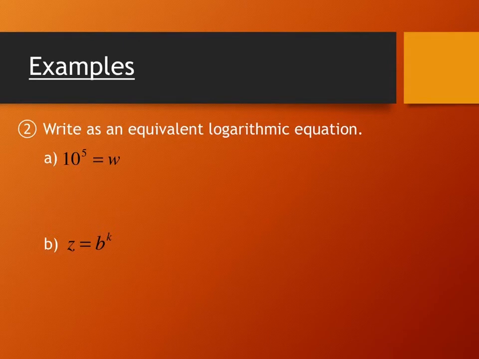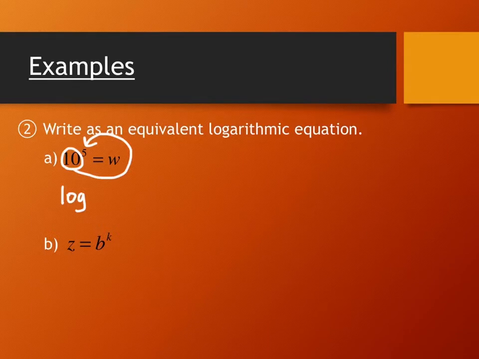What is the base of the problem in part A? It's a 10. So I'm going to circle the 10. And I'm going to draw the arrow to the other side and land right next to where I began, which means ending at the 5. Now, as I write this one, I have to make it a log equation, so I'm introducing log into the function. And as I'm moving from left to right, the base is still the base.